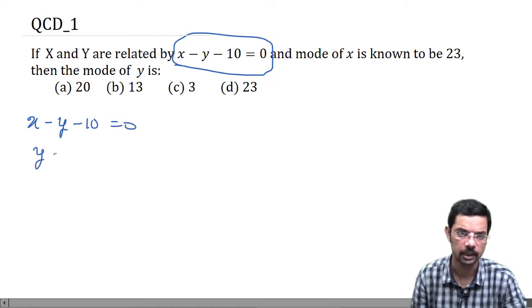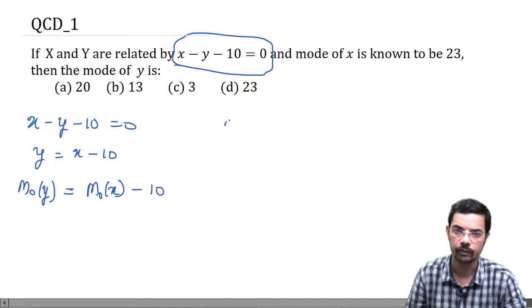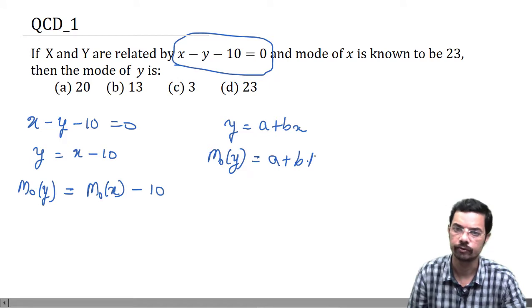So y can be written as x minus 10. So we already know that mode of y can be written as mode of x minus 10, because if y is equal to a plus bx, then mode of y will be equal to a plus b into mode of x.